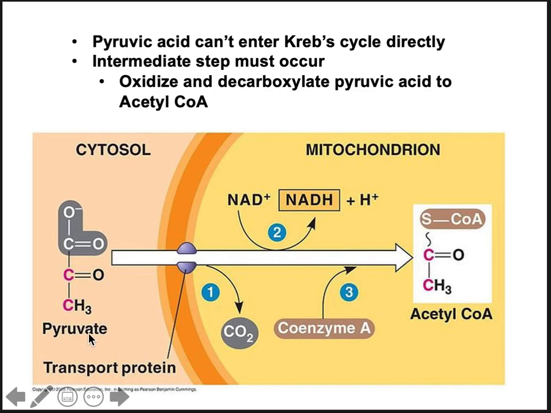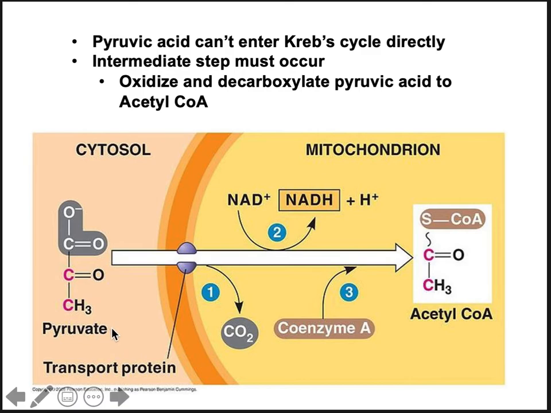Pyruvate is another way to say pyruvic acid. It's slightly different. You see that you have this negative sign here. So now what's happened is the pyruvic acid acted as an acid and formed its conjugate base. So pyruvate is the conjugate base of pyruvic acid. I don't really care.